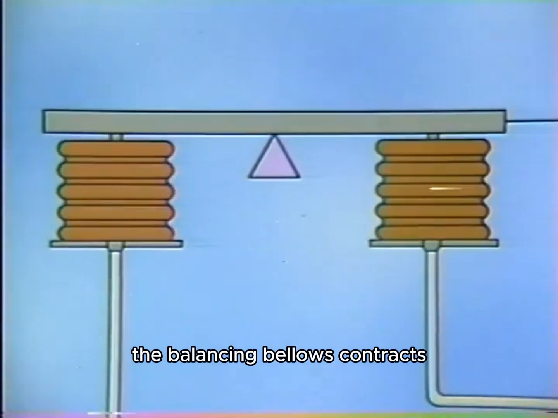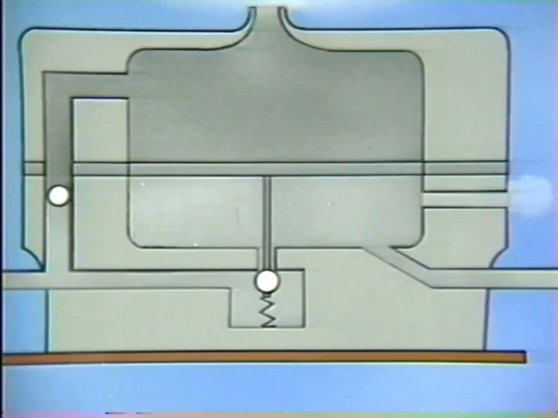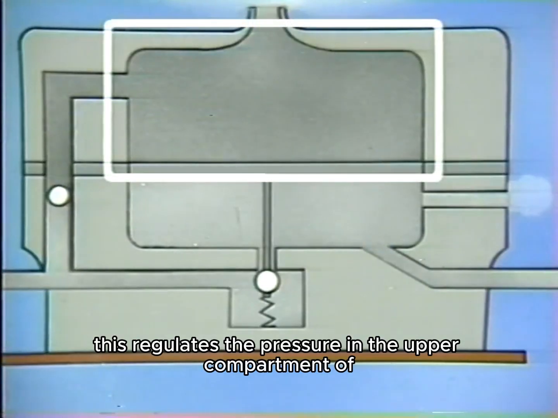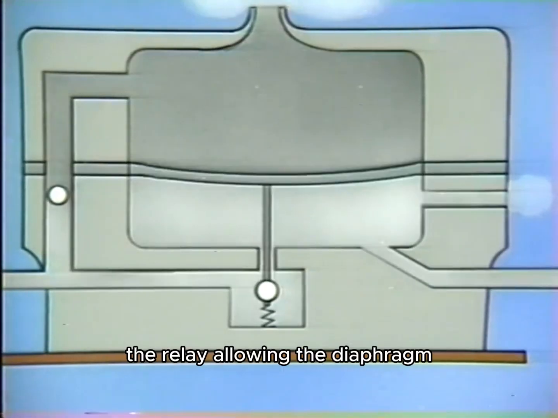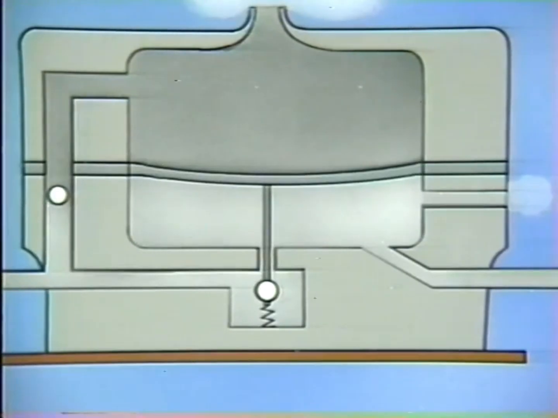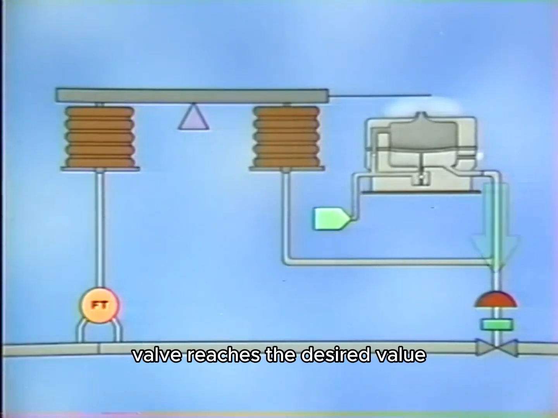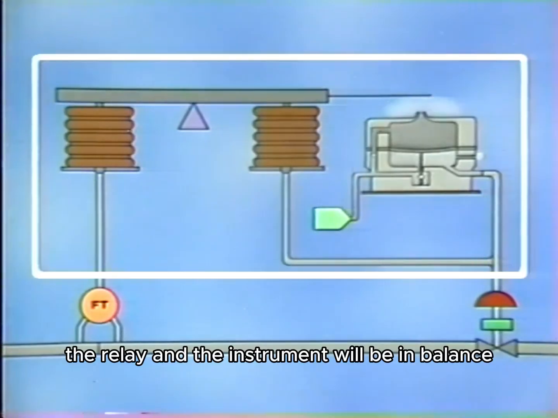The balancing bellows contracts, repositioning the flapper above the nozzle. This regulates the pressure in the upper compartment of the relay, allowing the diaphragm and plug to stabilize at their new positions. When the pressure in the line to the control valve reaches the desired value, the relay and the instrument will be in balance.